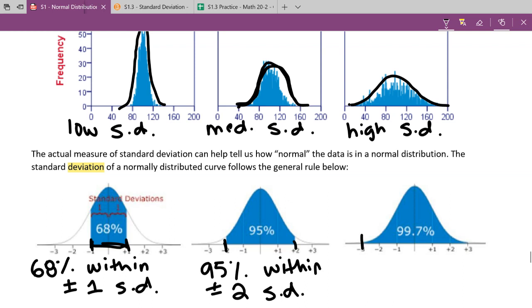And if I go a third standard deviation, so again, if I was to go 30 points below the mean and 30 points above the mean, again, your standard deviation is a numerical value related to whatever data you're gathering. 99.7% of your data would be within plus or minus 3 standard deviations from your mean.